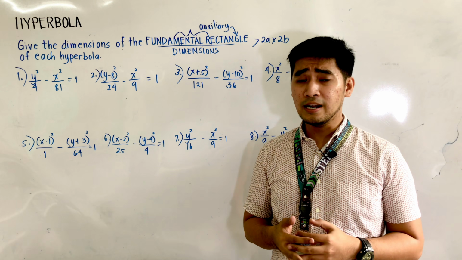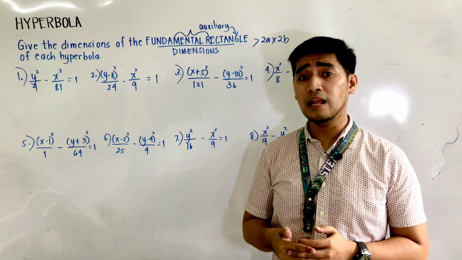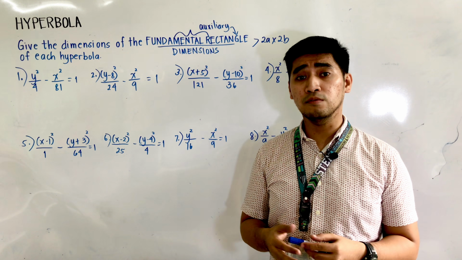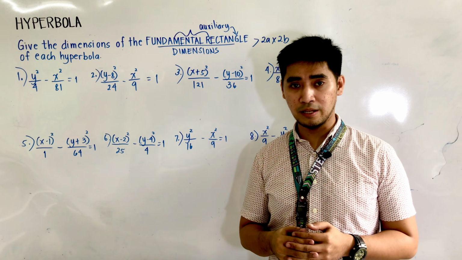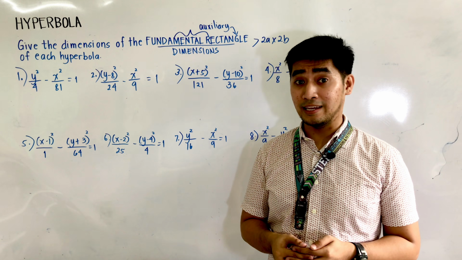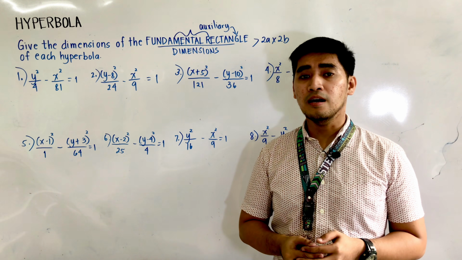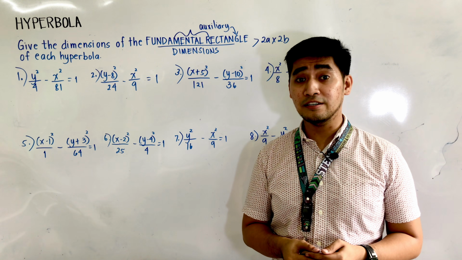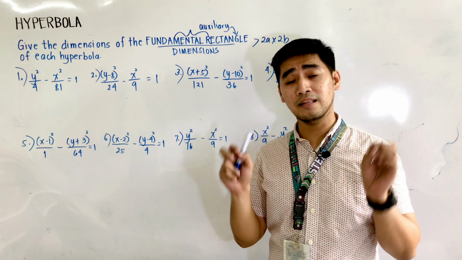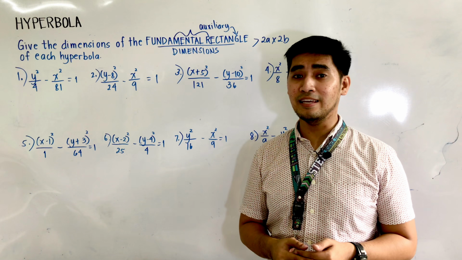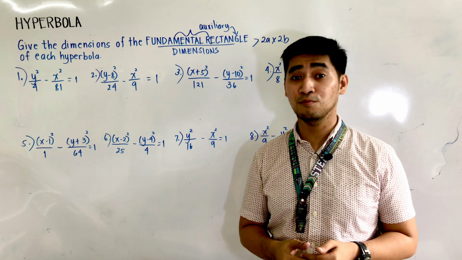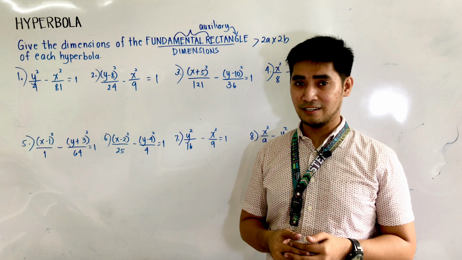Always remember that this is very crucial in order for us to solve for the equation of the asymptotes of the hyperbola. Again, why? Because the diagonals of the auxiliary rectangle or the fundamental rectangle will serve as the asymptotes, and the intersection of the asymptotes will be our center.